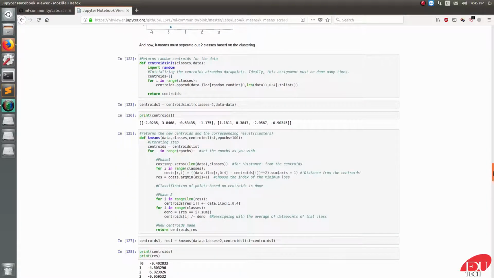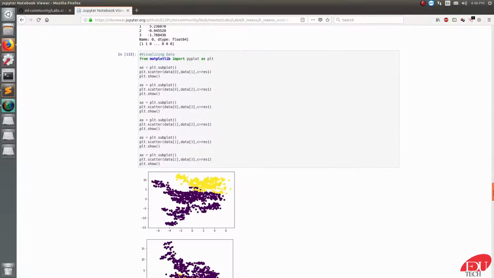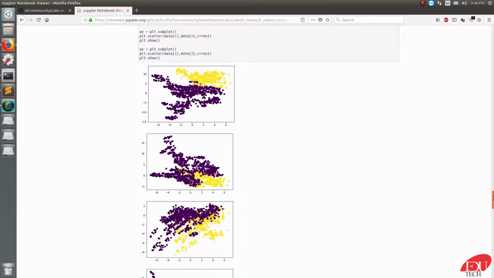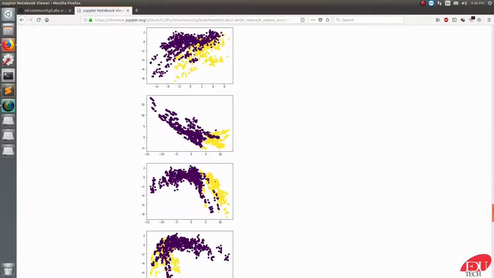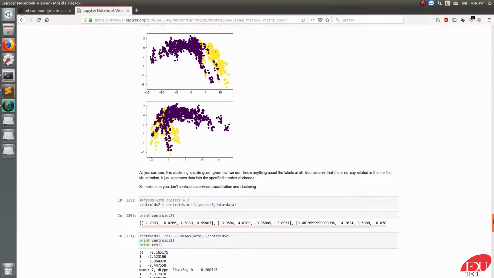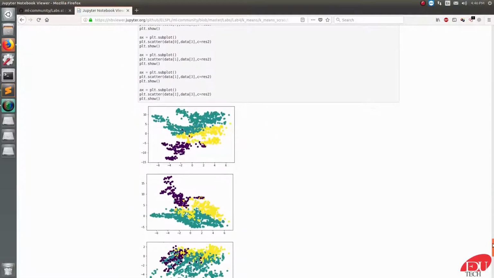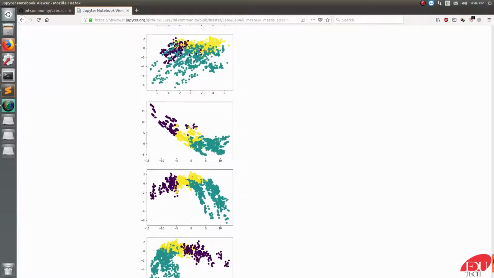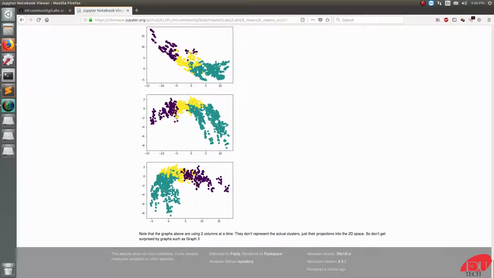And then we apply the k-means algorithm, and we gave k equals 2 first, and this is how it makes two clusters of the data that we provided. Let's try with k equals 3, and voila, these are the three clusters that our algorithm makes.